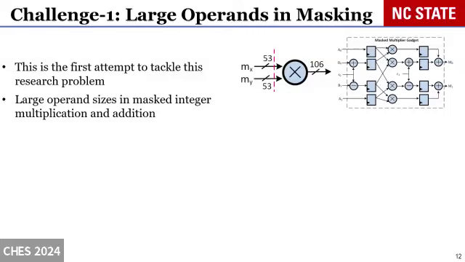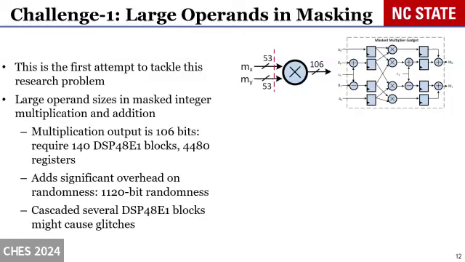You have a 53 by 53 multiplier, and you have 4 of them, right? Because the masked gadget you see on the top right shows the full scheme. One issue here is that this is an integer multiplier, right? So to mask this, the output should have the same size as the input, so it now becomes a 106-bit multiplier.